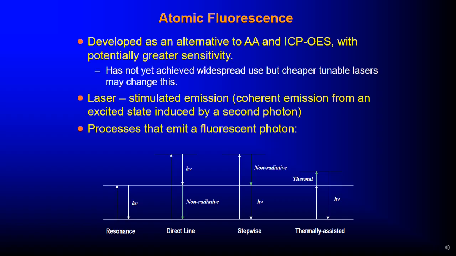So the lasers: stimulated emission, coherent emission from an excited state induced by a second photon. So you can see processes that emit photons, majorly the non-radiative processes and the thermal processes.